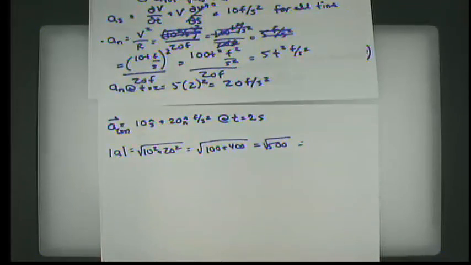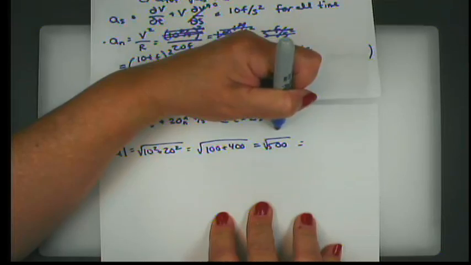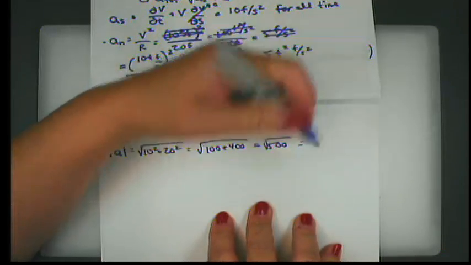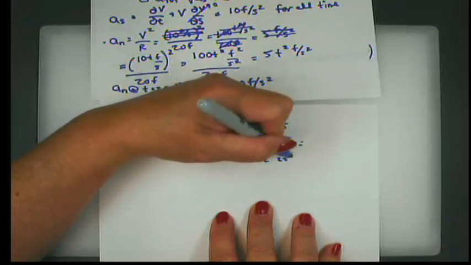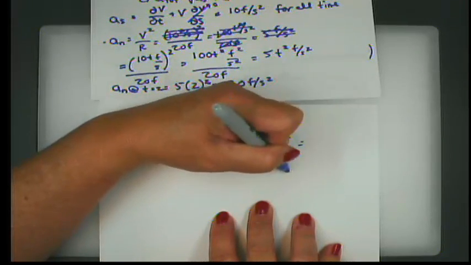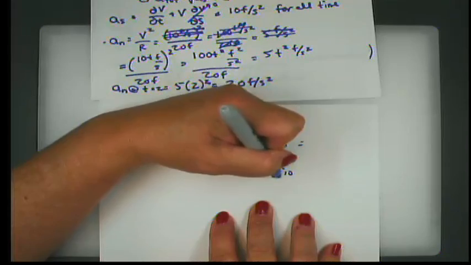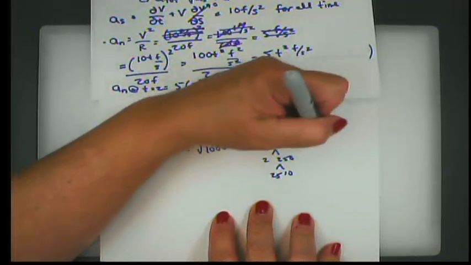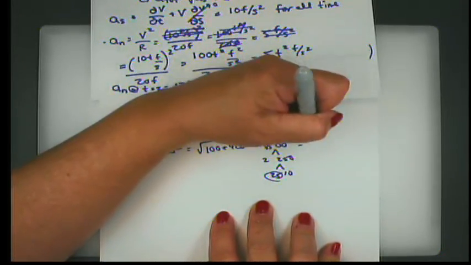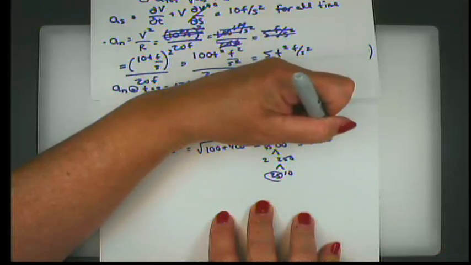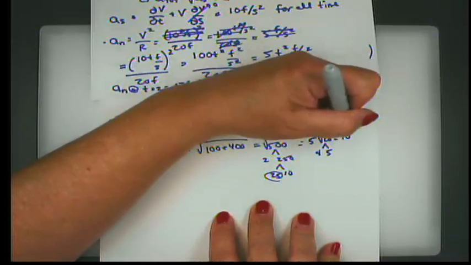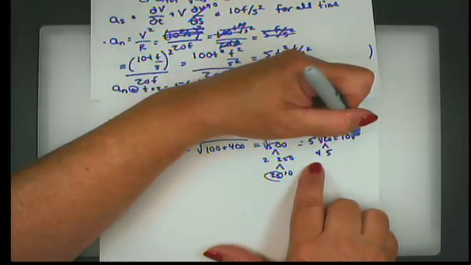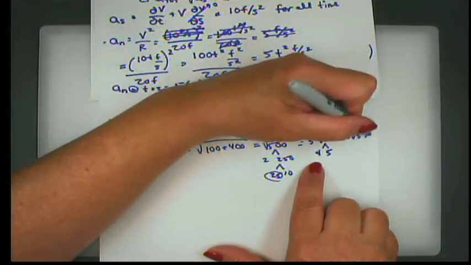which I probably should because I don't know what my calculator is. So if we break this down, we get 2 times 250, which is 10 times 25. So the 25 comes out as 5 times the square root of 20, and that's 4 times 5. So it's 10 times the square root of 5 feet per second squared.